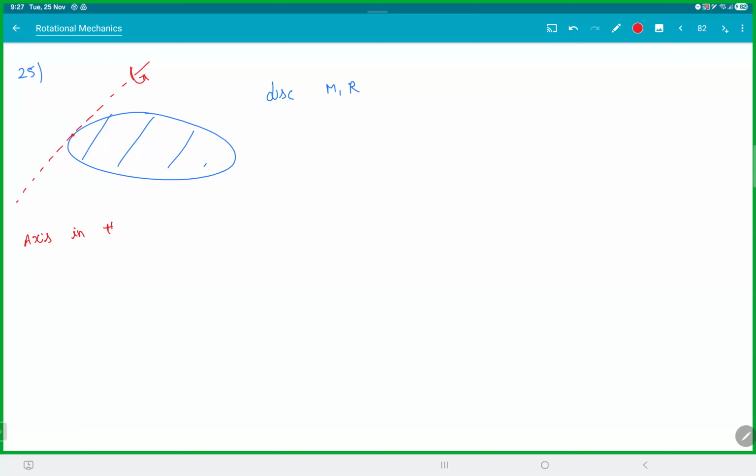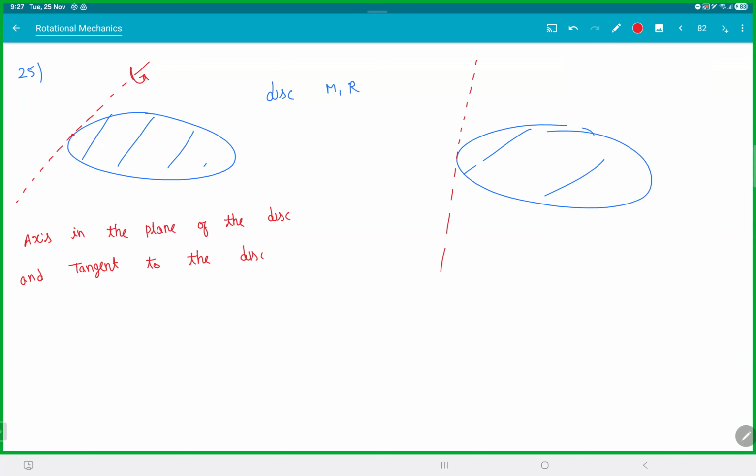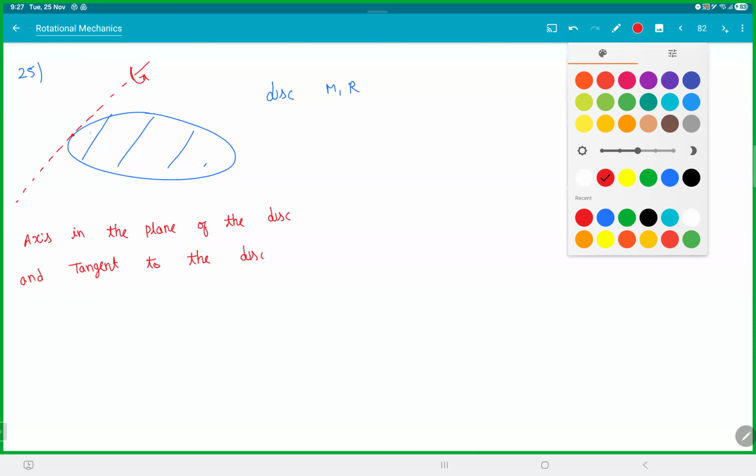So the axis is in the plane, and tangent to the disk. It is not this way, okay? If it were perpendicular, I would have drawn it like this. That would be perpendicular. This is parallel. Let's find for this. Find IA.